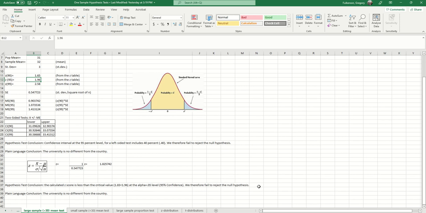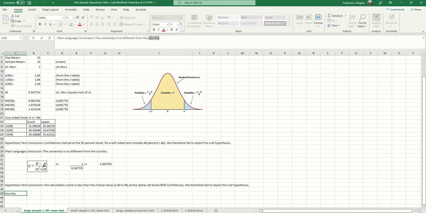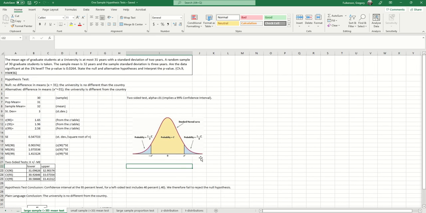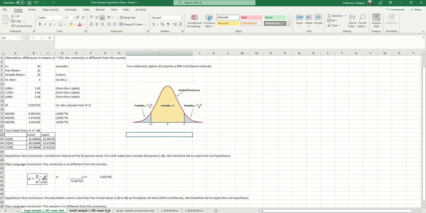So we fail to reject the null hypothesis of difference. So the sample of students is no different from the rest of the university. All right, so that's the plain language conclusion.